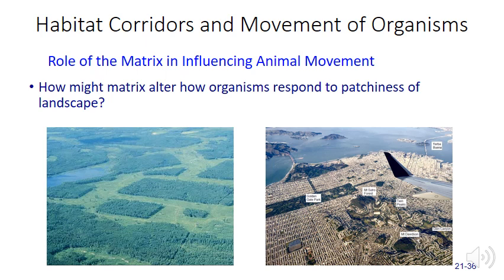So for example, the Trans-Canada Highway is a pretty tough boundary for animal movement. So you can see the utility of landscape corridors in that case. But if we look at these two landscapes below, clearly the urban matrix on the right-hand side is going to provide a tougher barrier to animal movement than the grassland matrix that you see on the left.